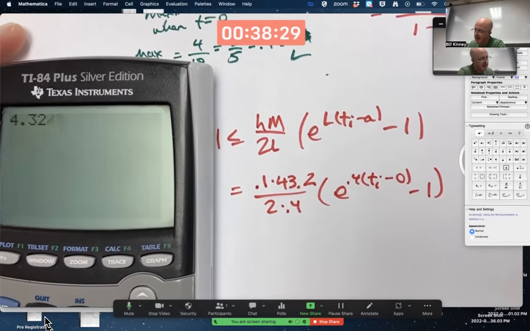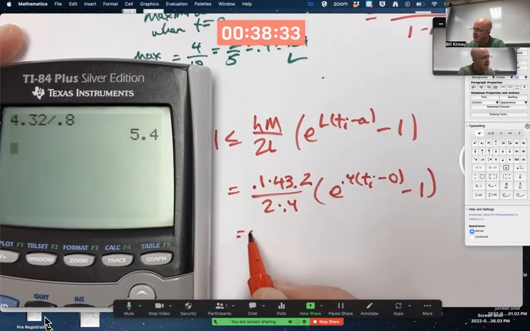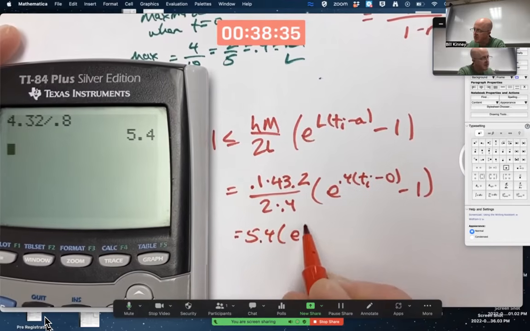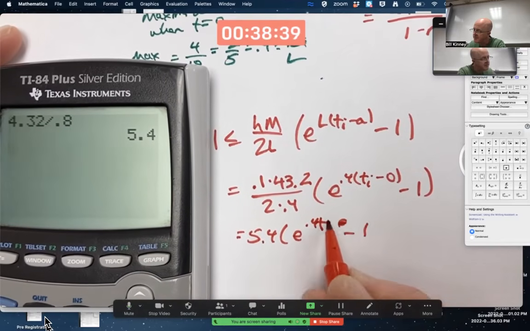Divide by 0.8. We get 5.4 times e to the 0.4 t_i minus 1.